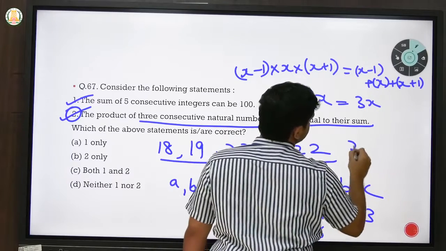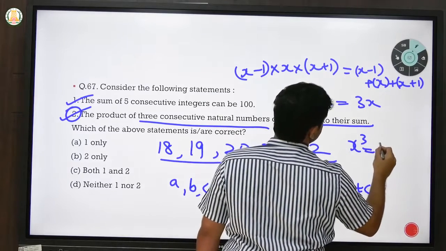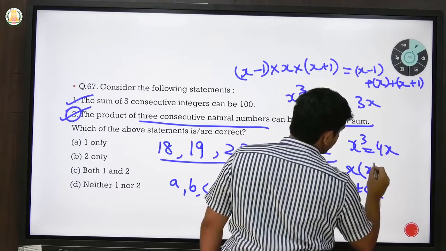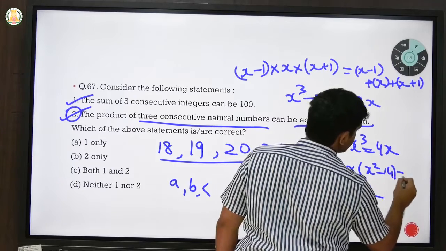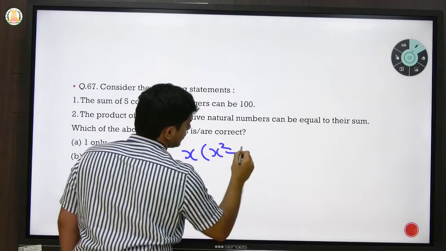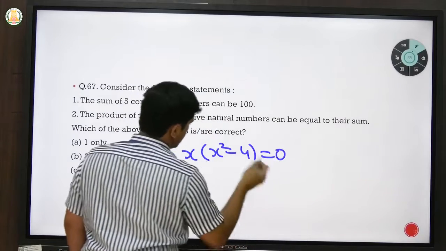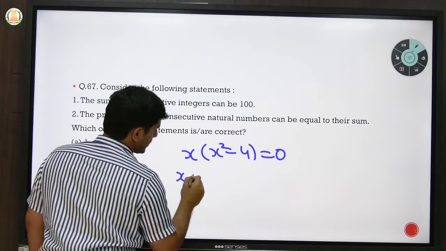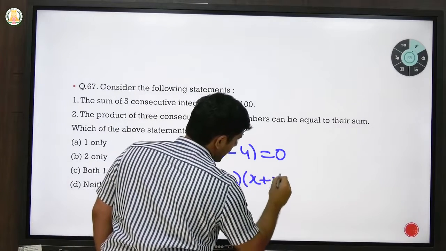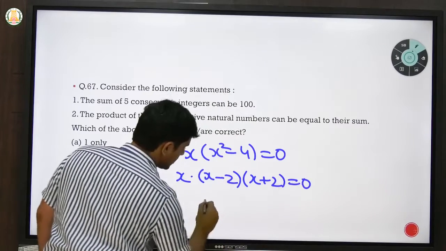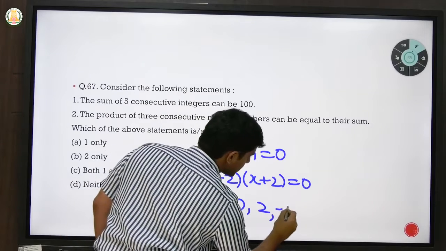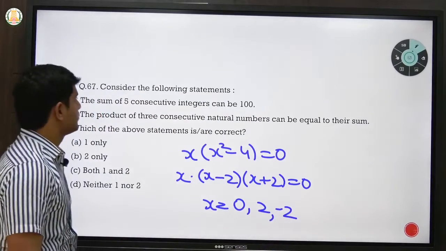That means x cube is equal to 4x. That means x into x square minus 4 equal to 0. You got x into x square minus 4 equal to 0. This means x into x minus 2 into x plus 2 is equal to 0. This means x can be 0 or 2 or minus 2.